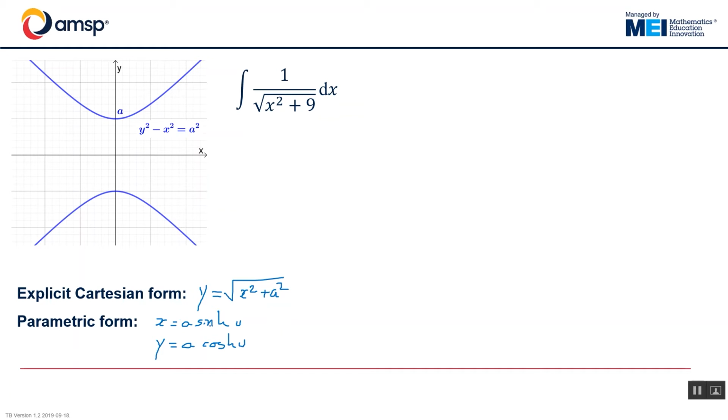Because the denominator is y, x is a sine u, and here a is going to be 3. So I've got x equals 3 sine u. That would give me dx by du is 3 cos u.